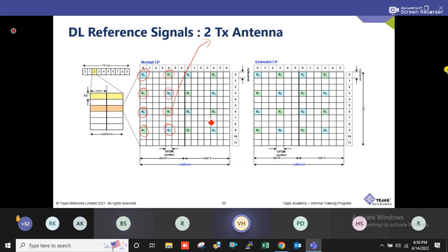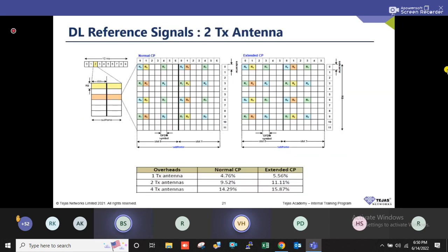If you increase more antennas, for example, you can see here, there is a typo; this is actually 4 antennas. If you go with 4 antennas, the number of reference signals will also increase, and this will have an impact on your throughput, because this is overhead information. Because of this overhead, the remaining resource elements can be used for actual data, so this impacts your throughput.